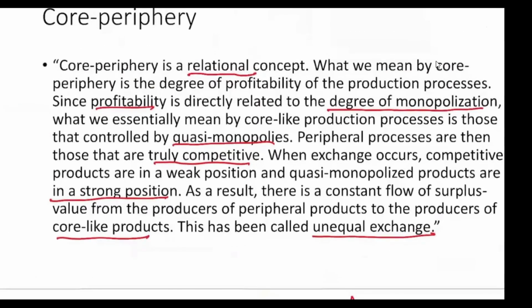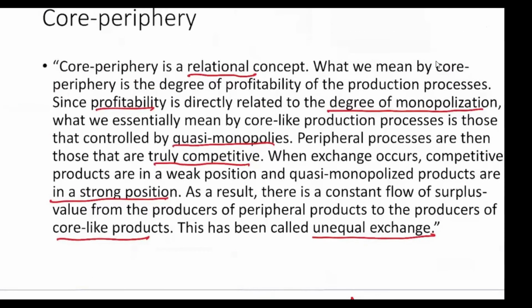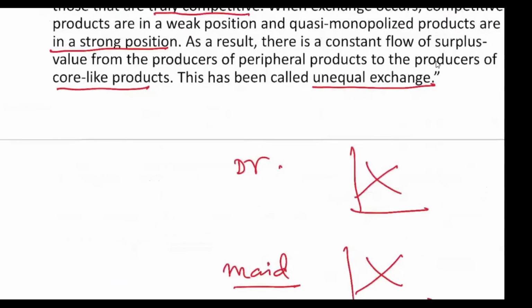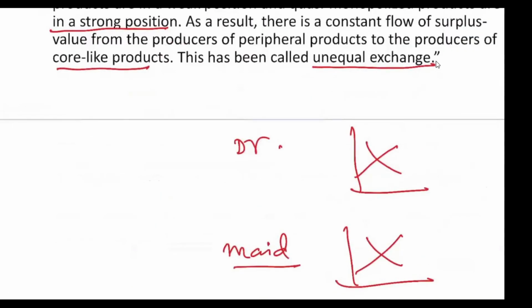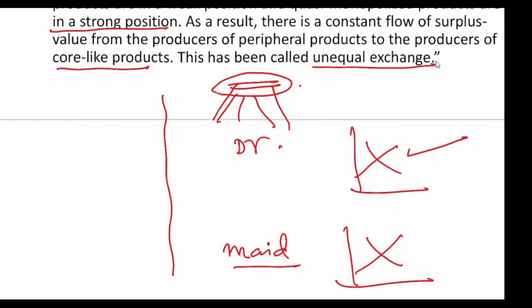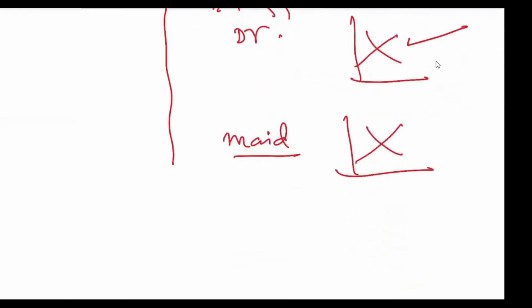So Wallerstein is describing in terms of degree of monopolization. Okay, and if the doctors are employed by one owner who sets up a chain of hospitals, then that owner has monopoly. So one can think in terms of demand and supply, one can think in terms of degree of monopolization. So essentially, this is nothing but an unequal exchange. And Wallerstein thinks that this is how nations are interconnected.